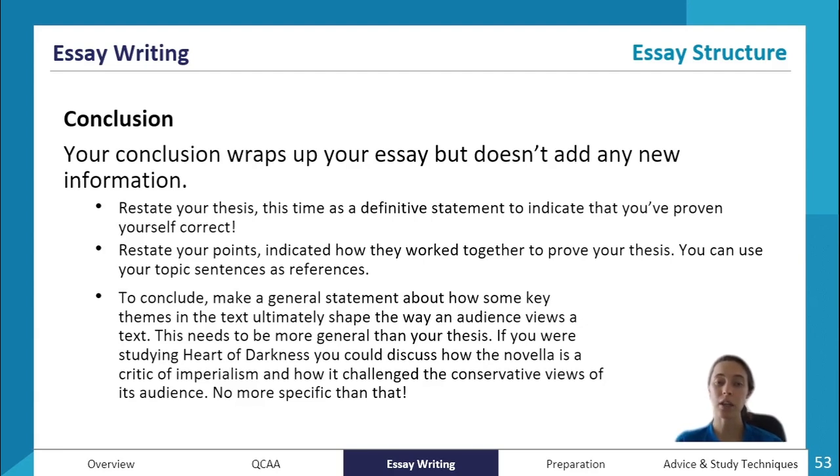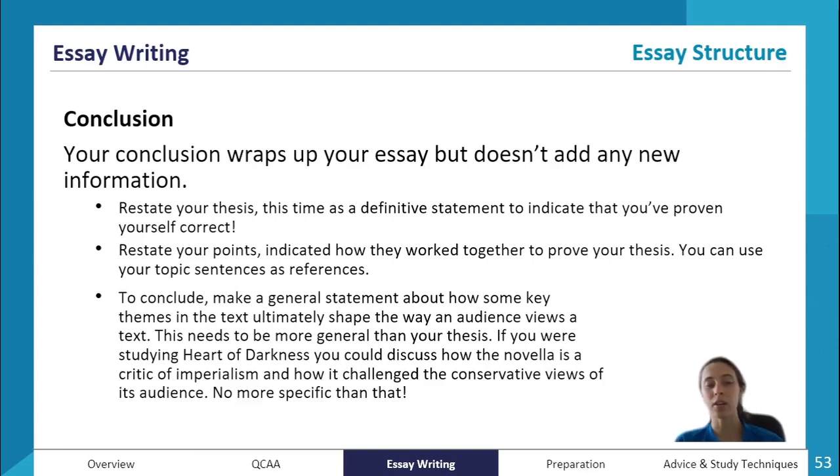So restating your thesis as a definitive statement to indicate that you've really shown the validity behind your thesis. Restating your points and indicating how they work together to prove your thesis. And you can use your topic sentences as references to see what you have covered previously.